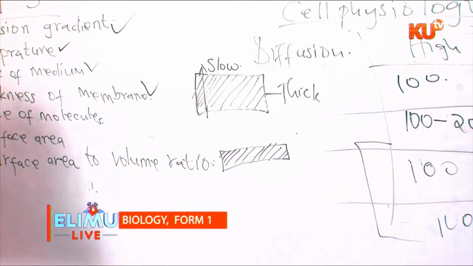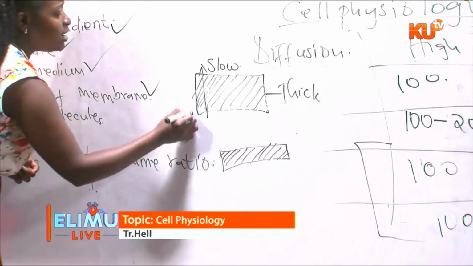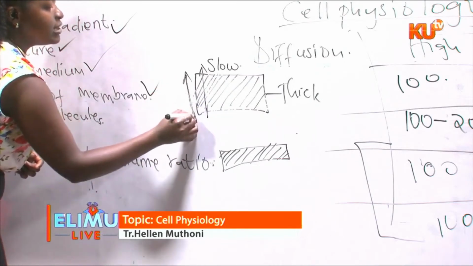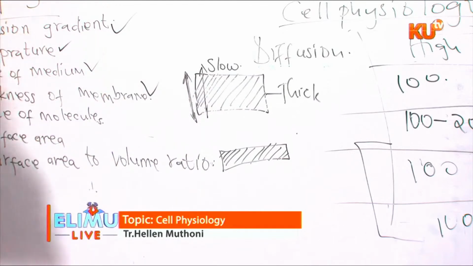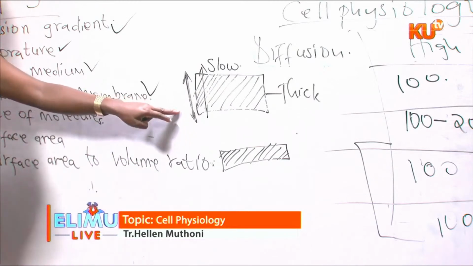The reason why the rate of diffusion is slow is because the diffusing molecules will travel a longer distance. This distance is long, so they will travel a longer distance to the other side to cross to their region of low concentration. So this makes the rate of diffusion slow.